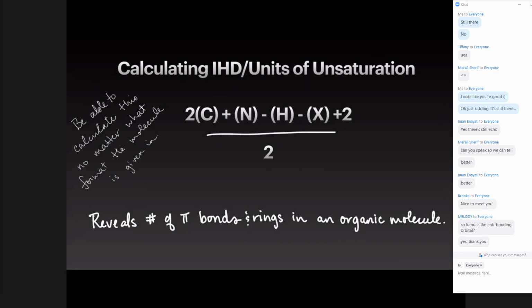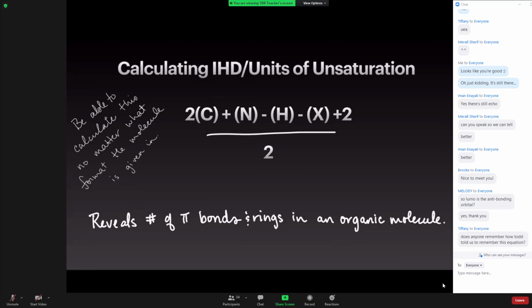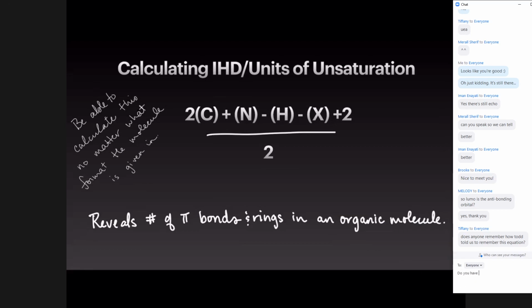So you're going to be multiplying 2 times the carbon plus the number of nitrogens in your molecule minus the hydrogens in your molecule minus the halogens. You're going to add 2 and then divide by 2. And the units of unsaturation reveal the number of pi bonds and rings in an organic molecule.